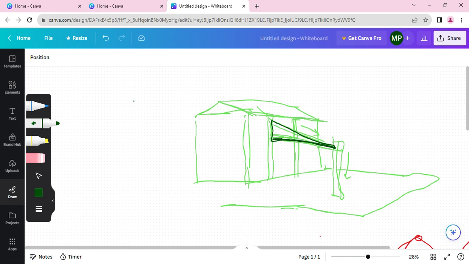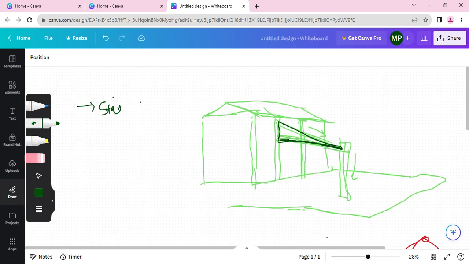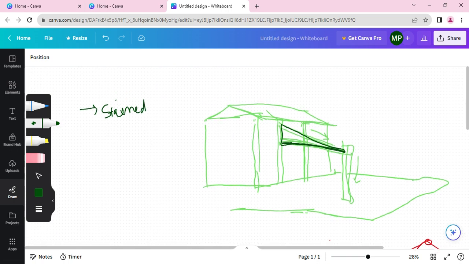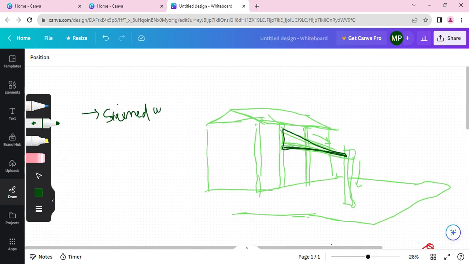One more characteristic of Gothic architecture is stained glass windows. What is happening in stained windows?